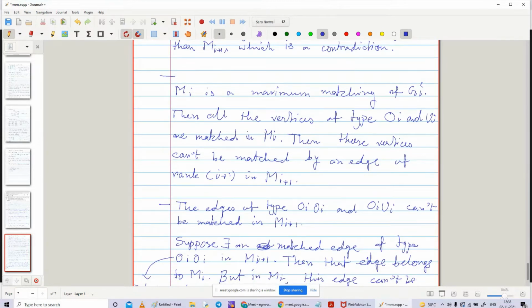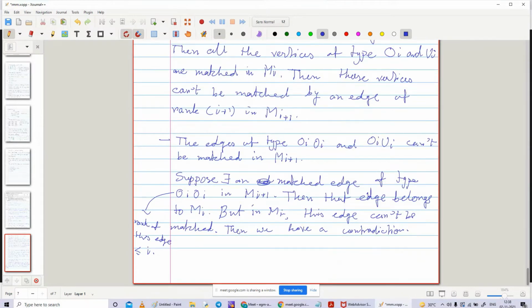The second thing is that the edges of type O_i and O_i cannot be matched in M_{i+1}. We prove it for O_i and U_i, and for O_i it will be similar. Suppose that there exists a matched edge of type O_i in M_{i+1}. Then that edge also belongs to M_i, because that edge will have rank less than or equal to i.